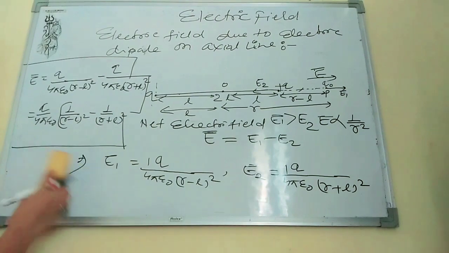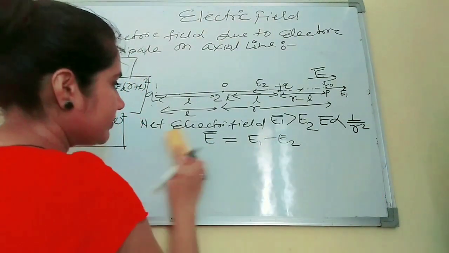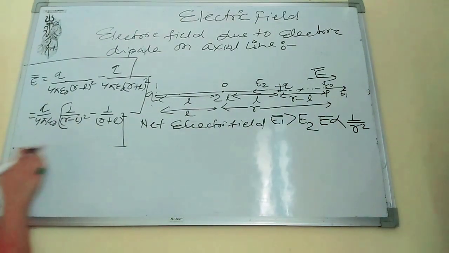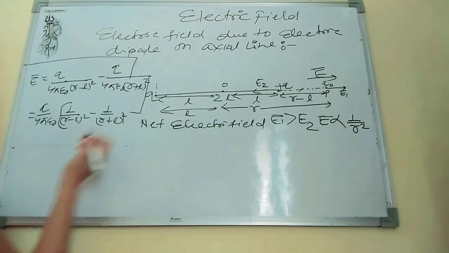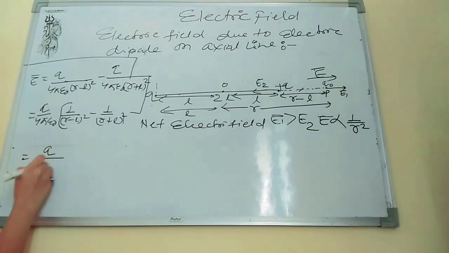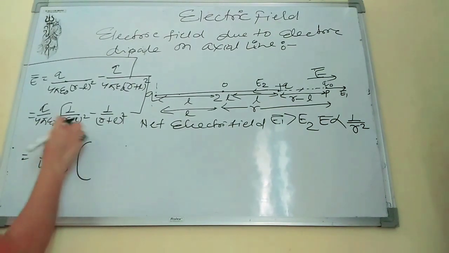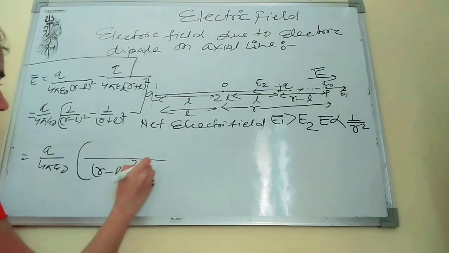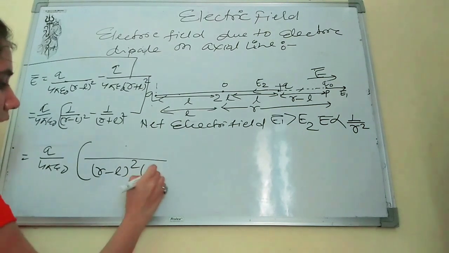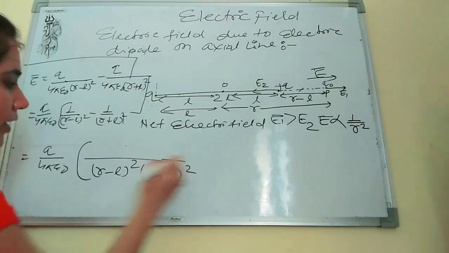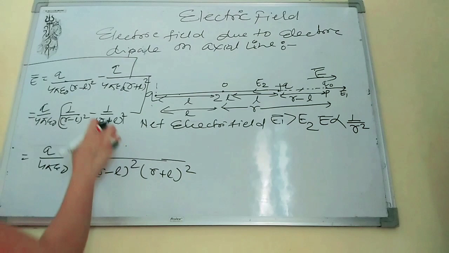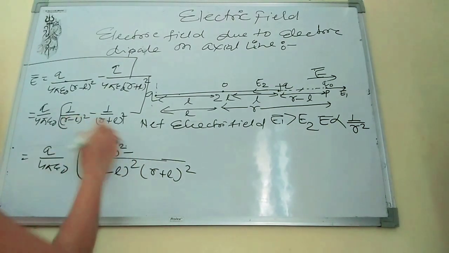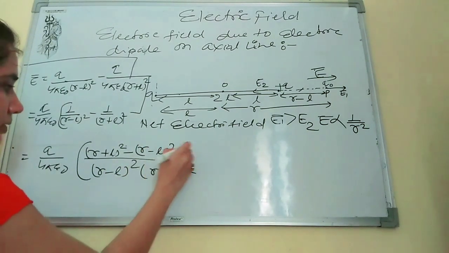Now I'm going to rub this. If we do the simple mathematical calculation, that will be Q upon 4 pi epsilon naught. Here we will take the LCM of both, that will become (r minus L) square times (r plus L) square, the whole square. Now this (r plus L) will come here: (r plus L) square minus (r minus L) square.